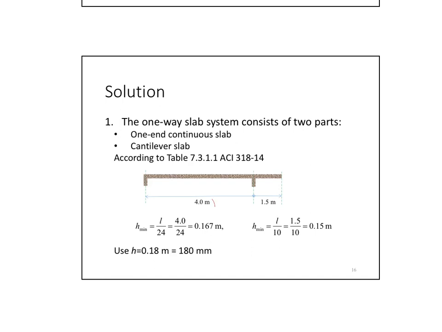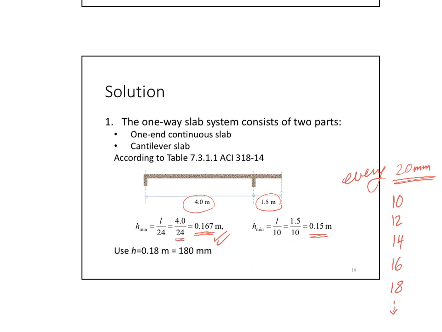In this case, 4 divided by 24 gives me about 16.7 centimeters. 1.5 divided by 10 gives me 0.15. Which one do I choose? Definitely this one. Now, the way I round slabs is I go every 20 millimeters, which means I have 10, 12, 14, 16, 18, 20, and so forth.